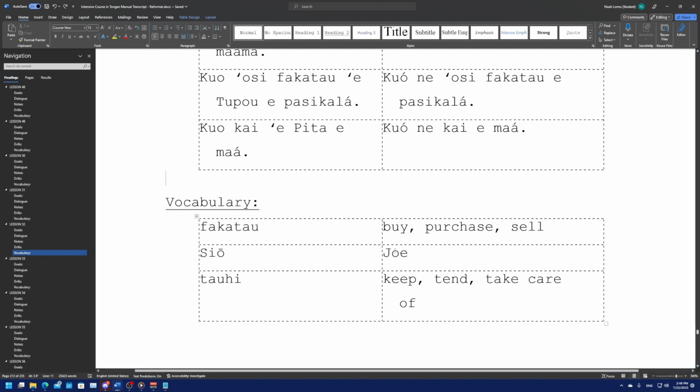Okay. So that's fakatao. We also have sio, which is just Joe.